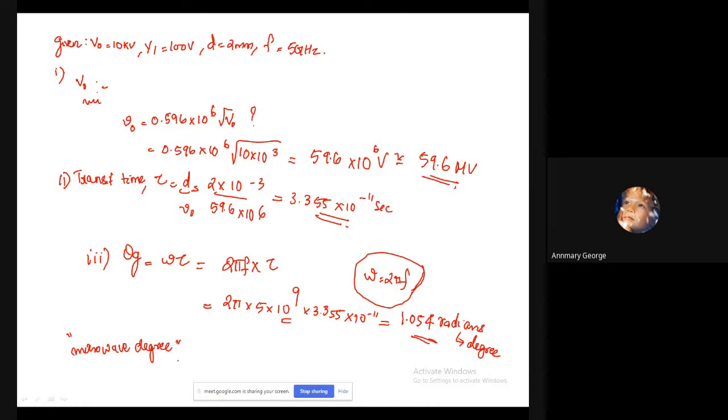The relation of degree and microwave degree is: 1 microwave radian will be equal to 57.29 degree. Please write this relation. Apply it here and convert this value to degree.